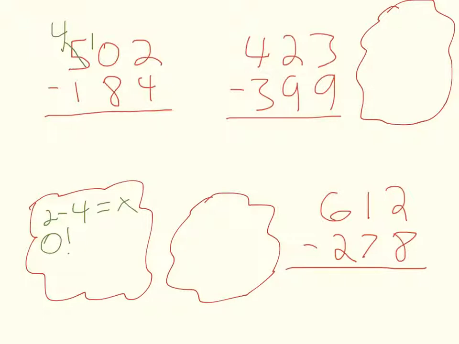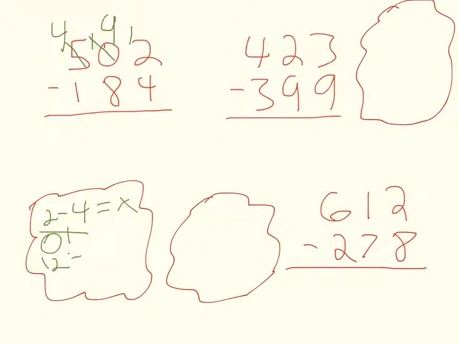So now if I go there and say, hey man, I need a 10 because I can't do 2 minus 4. Do you have anything you can give me? And they can go, why, yes, I do. So that 10 that we just made gets crossed off now. Isn't that crazy? And becomes a 9. And the 1 goes over to here. Okay? Now I'm doing a different problem.